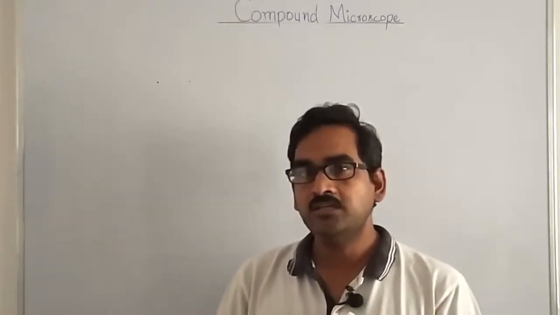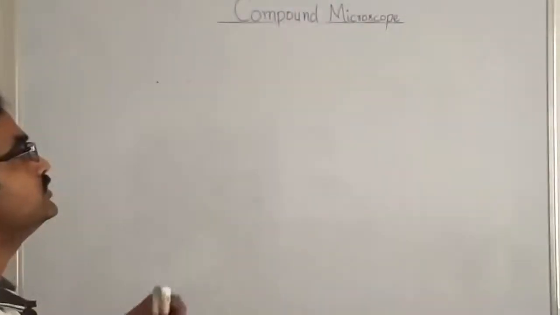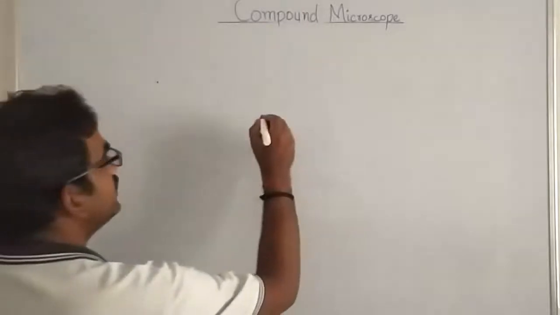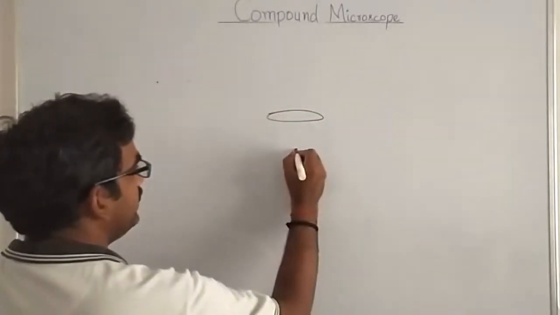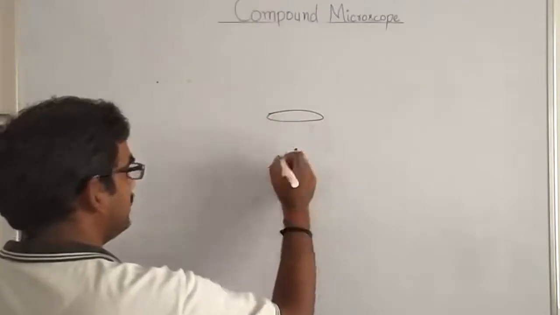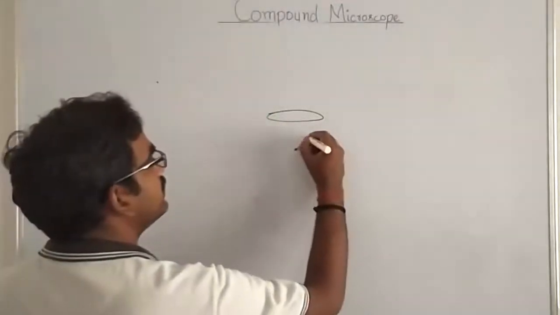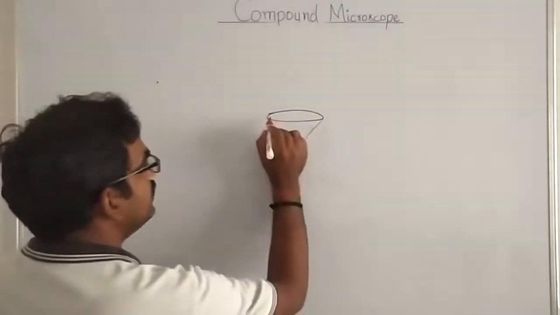So Carl Zeiss and Abbe derived a mathematical concept: suppose this is an objective lens, and I place an object here and it forms a cone of light.